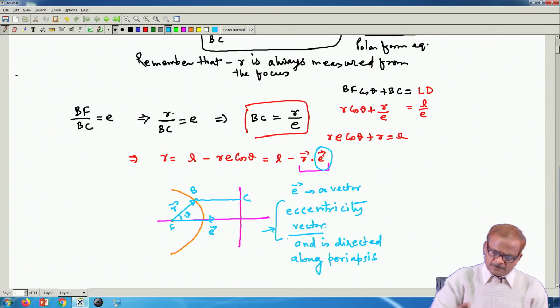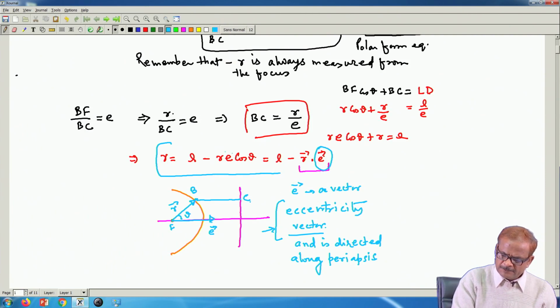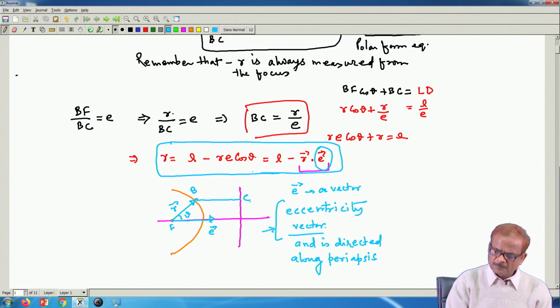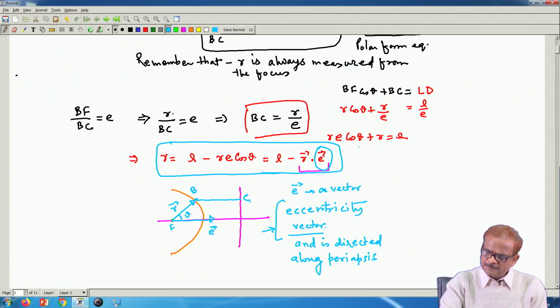Okay, so this is one very simple representation of the conic section, and this we have got from this place.